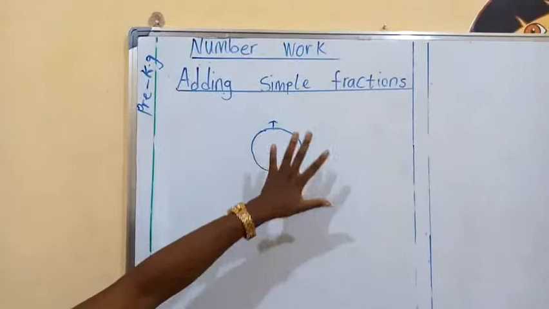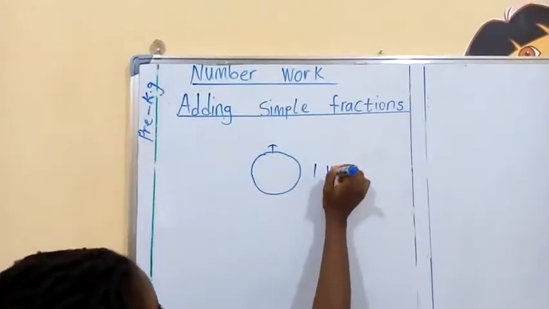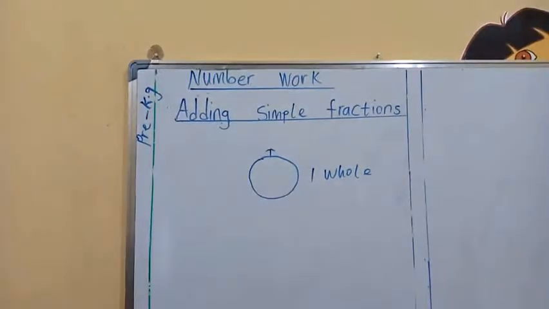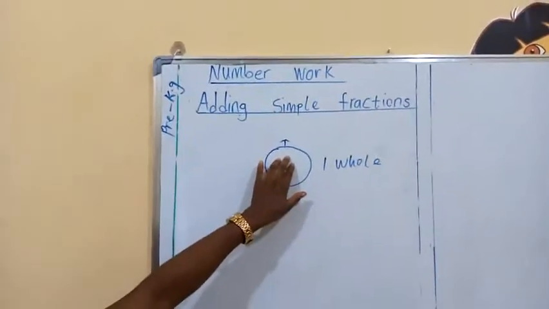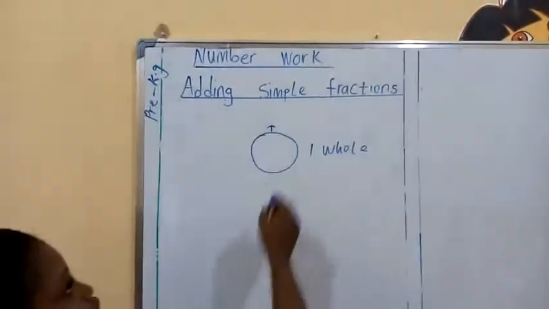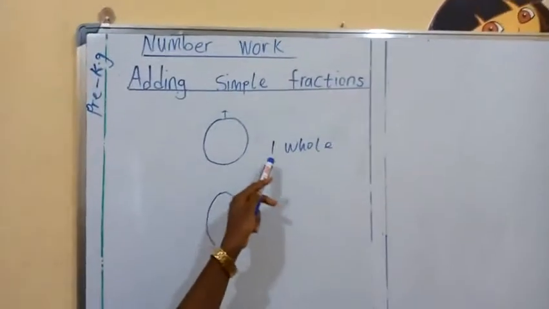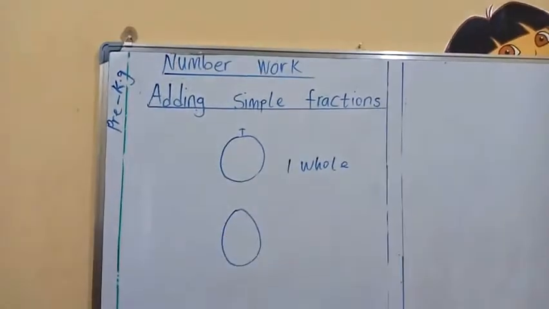It means we've not divided it. So this is one whole. Okay. What if this same orange is divided? So this is one, or you call it what? Whole.